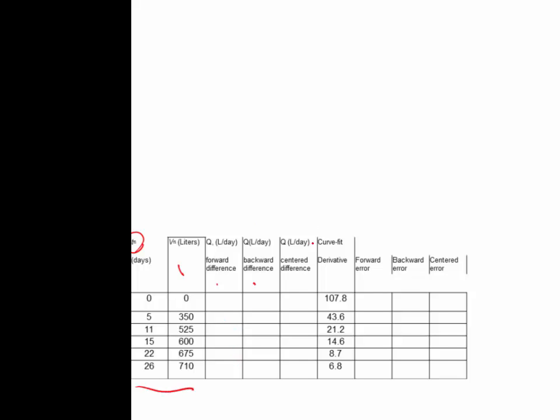And these data were used with the curve fitting method, where we fit these data with a curve, and then we took the derivative of that curve, and that gave us an alternative way of estimating the derivative. And so those data are given right there.